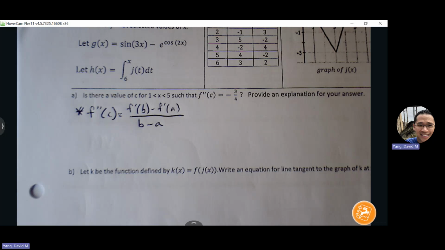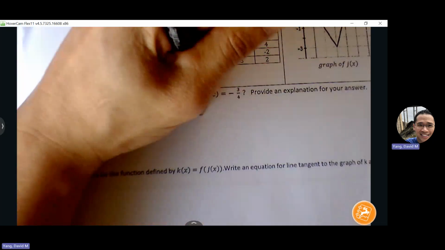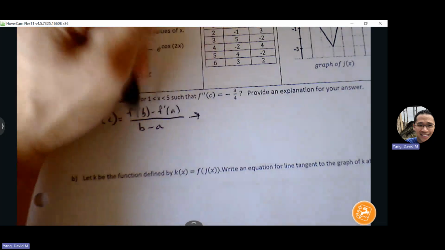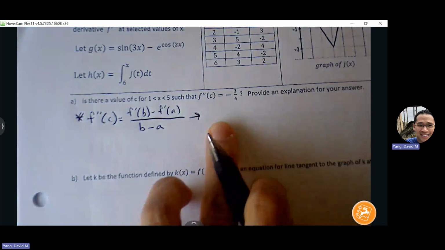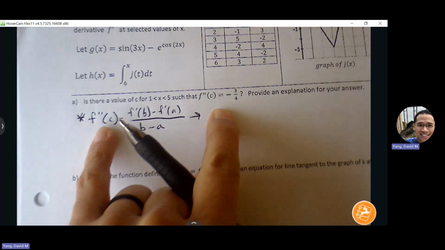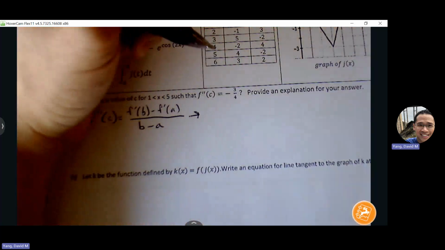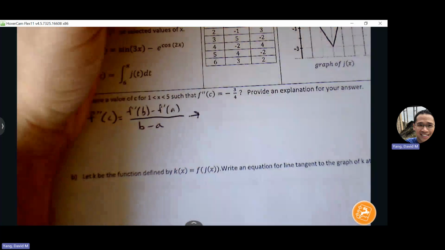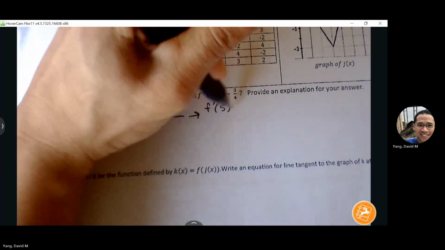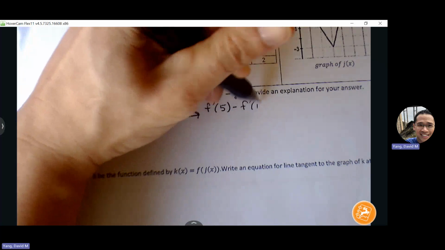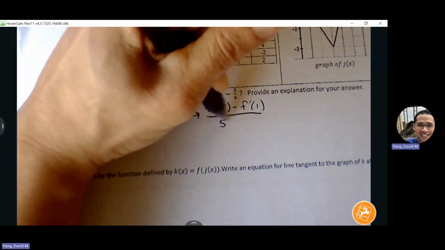Yeah, our interval is just 1 and 5. So can we show that the slope between the endpoints at the f prime level is equal to -3/4? If there is, then by mean value theorem we can guarantee this value of -3/4. So f prime of 5 minus f prime of 1, divided by 5 minus 1.